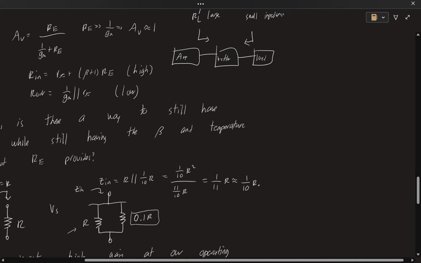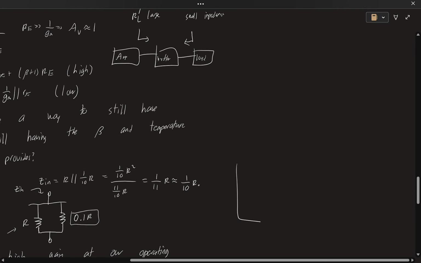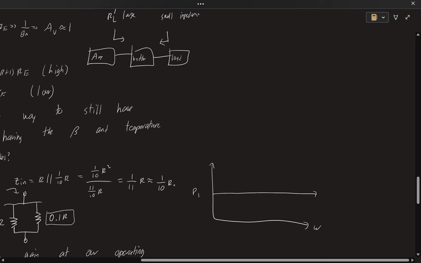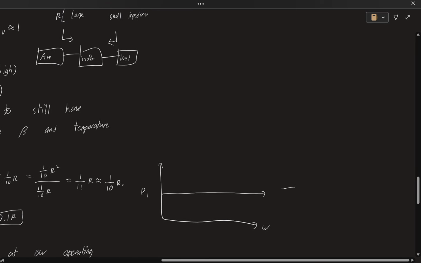So if we look in the frequency domain, don't worry if you're not super familiar with this. If we just have a frequency plot that looks like this, right? We have a constant, let's call it constant power across some frequency span, right? And we feed this into an amplifier.